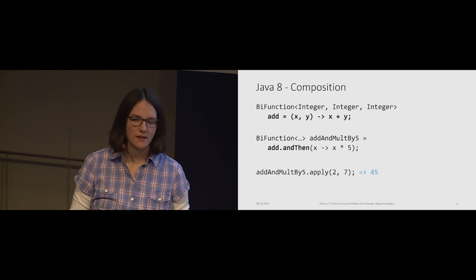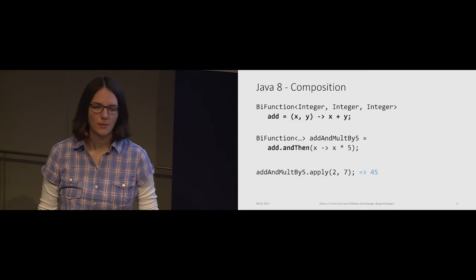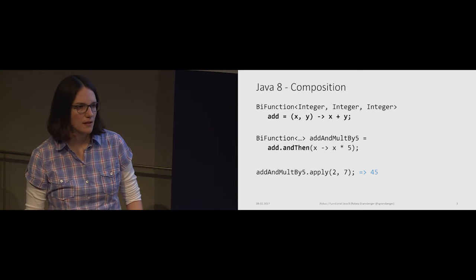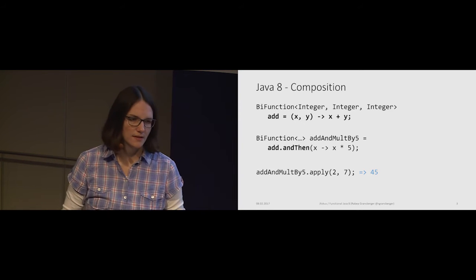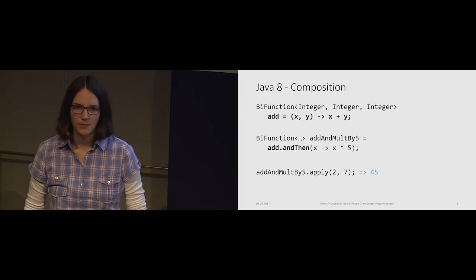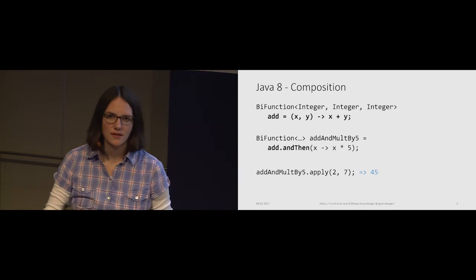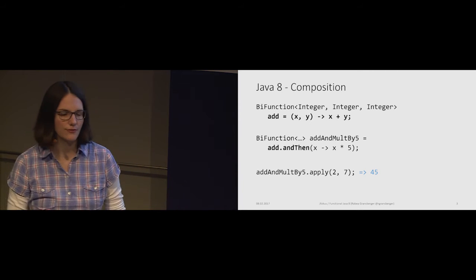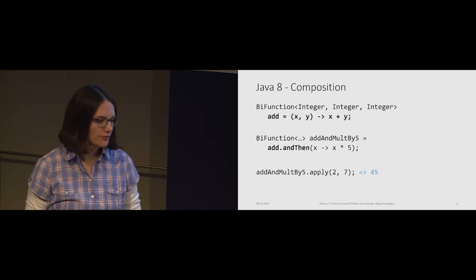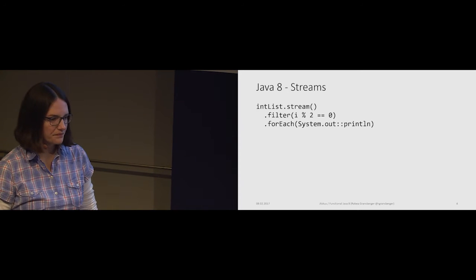Then we can pass in our 2 values with the apply method. So we pass in 2 and 7, so it's 2 plus 7, which is 9, multiplied by 5. The result is 45. So this is some functional style where you can compose 2 functions together to build a new function, which you can then use.